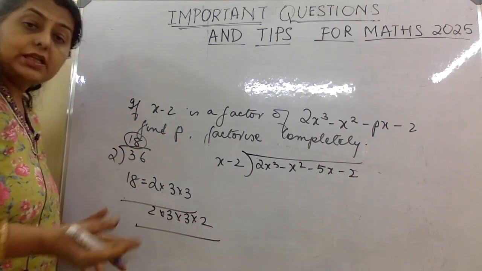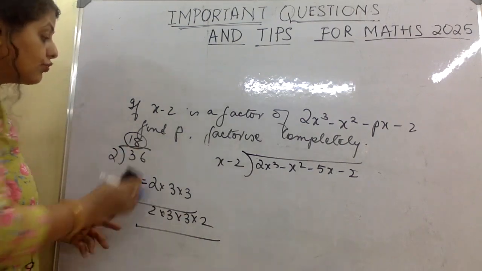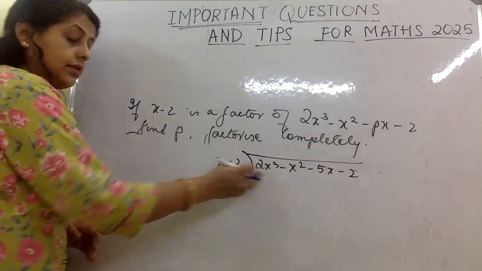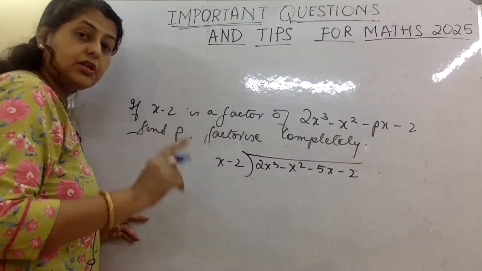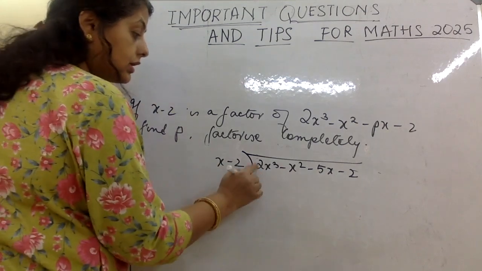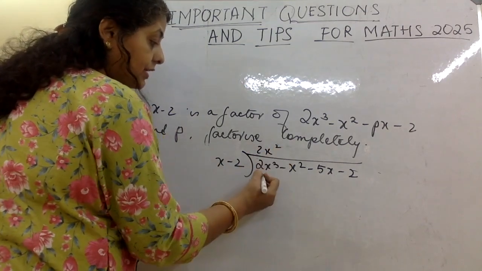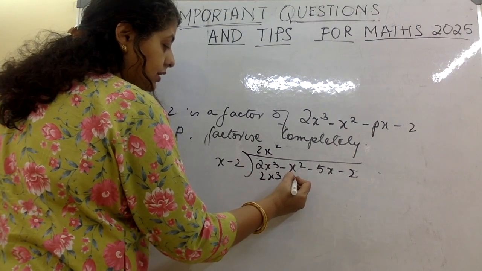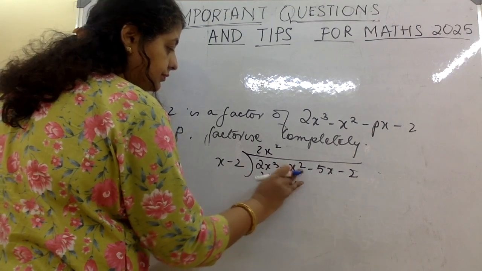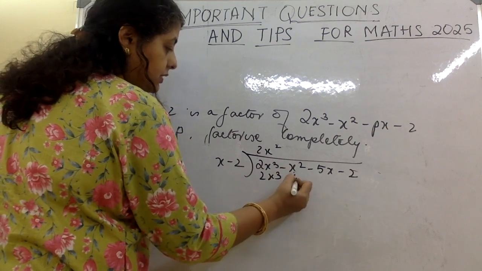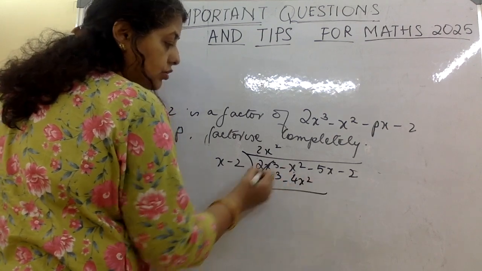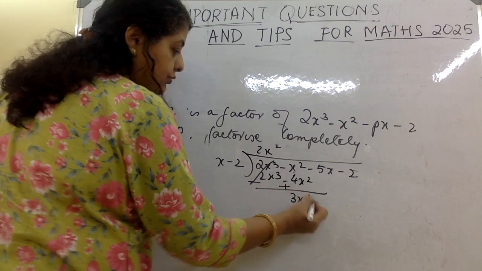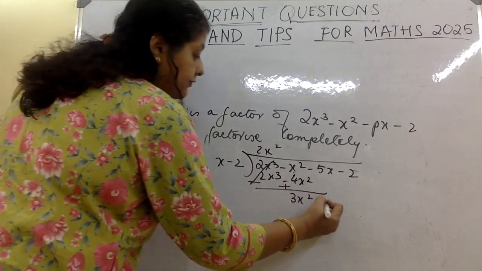That makes complete factorization. So what we are doing, since we know x minus 2 is a factor, we are dividing this by x minus 2. This is nothing but your long division. So here we will take 2x square, 2x cube minus 4x square. This is gone, this is plus, so it is 3x square minus 5x.